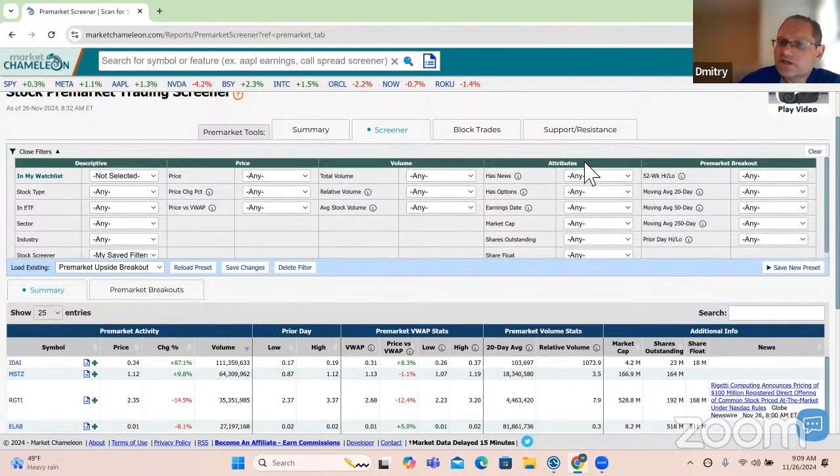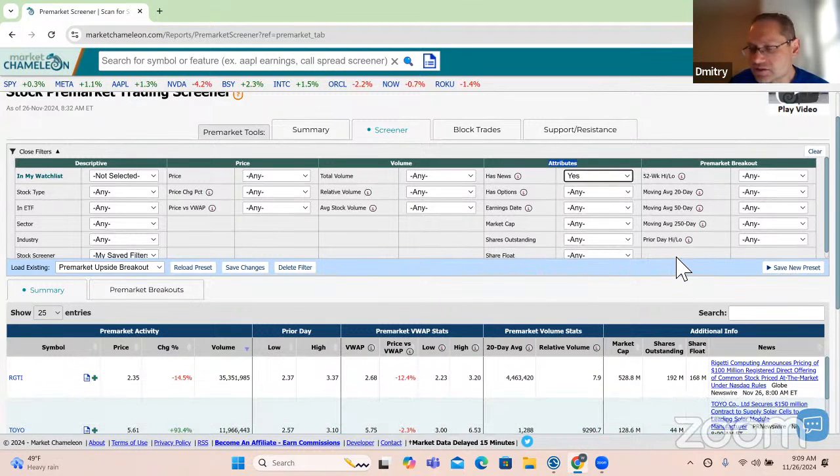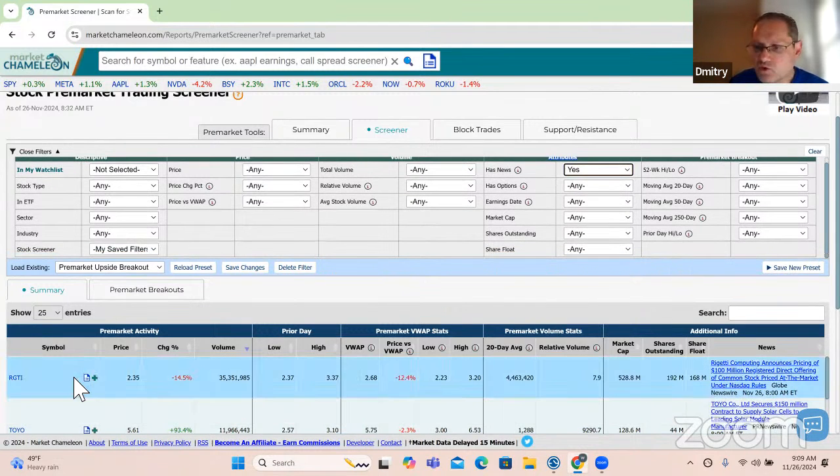And over here, a couple more things that allow you to filter for is if you're looking for stocks that we detected some news or we haven't detected news, you could use this filter and say it does have news. Yes. By using that, you could see it's moving and potentially what did this stock announce?